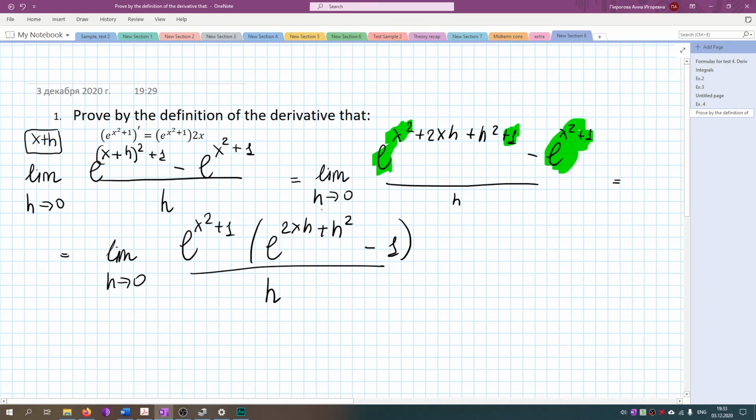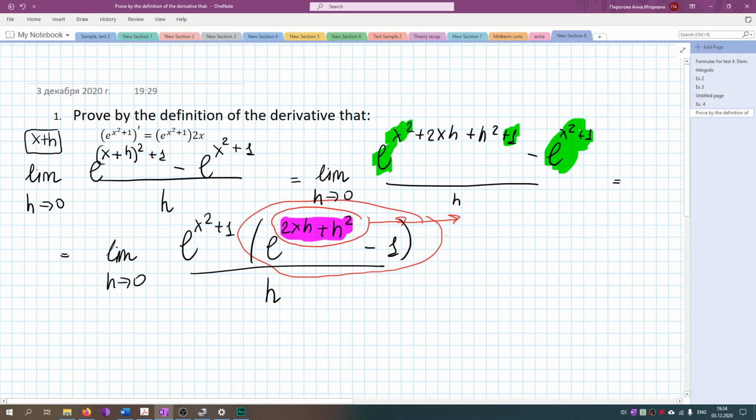If you remember, when we were considering limits, there was a formula according to which this whole expression, where h is close to 0, will be equivalent to just this power.